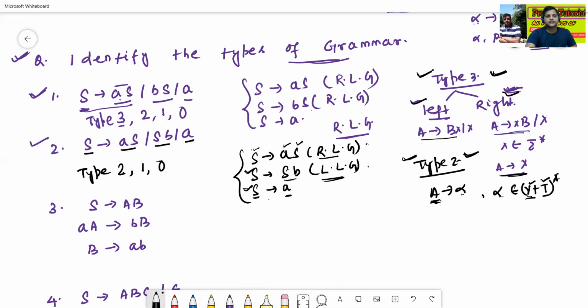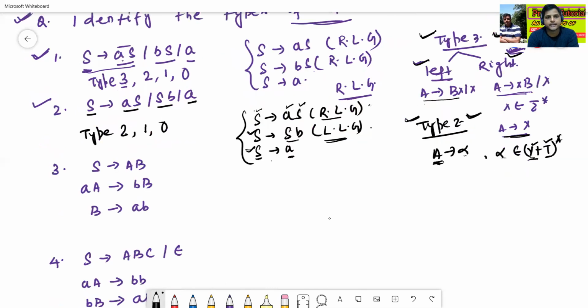Now we'll see the third question. The third grammar is S to AB, A to BB, B to AB. Now I'll check whether it is type 3 grammar, type 2 grammar, type 1 grammar or type 0 grammar.